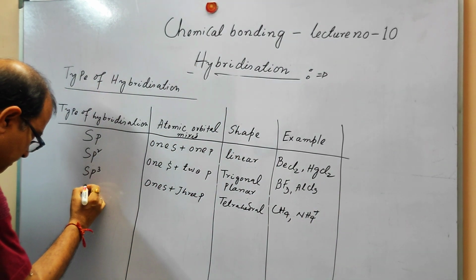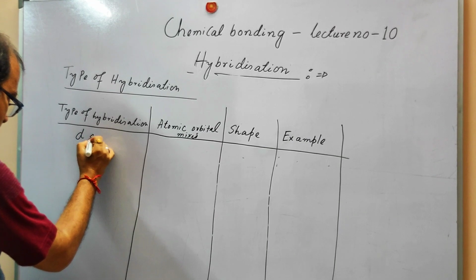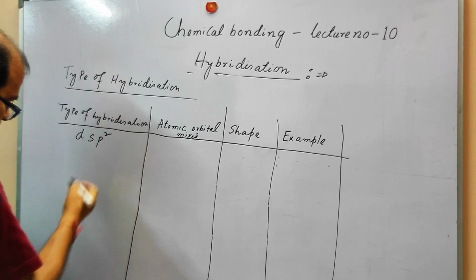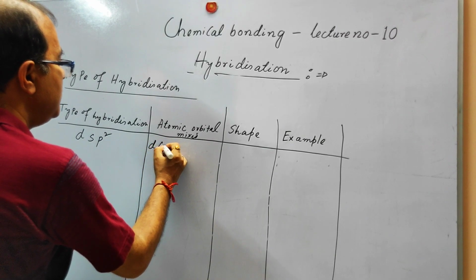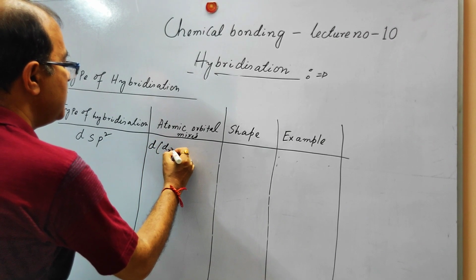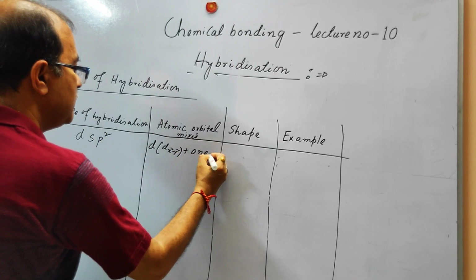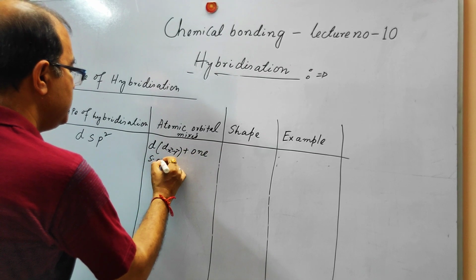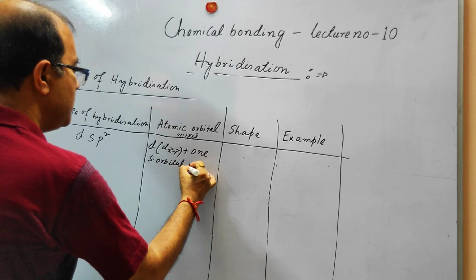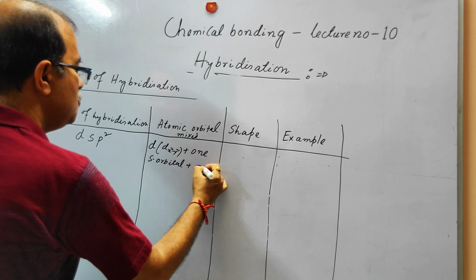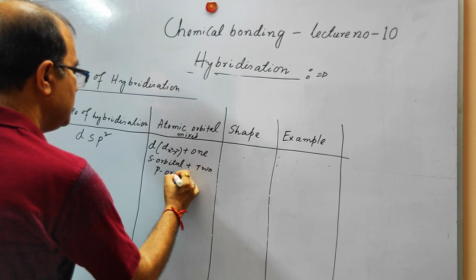Then another example, now we are going to use dsp2 hybridization. In this case, the 1d orbital, the dx square minus y square, plus 1s orbital plus 2p orbitals.